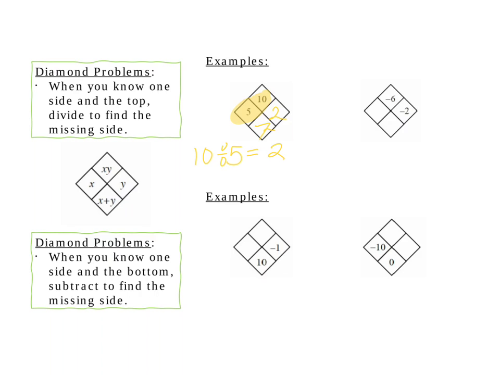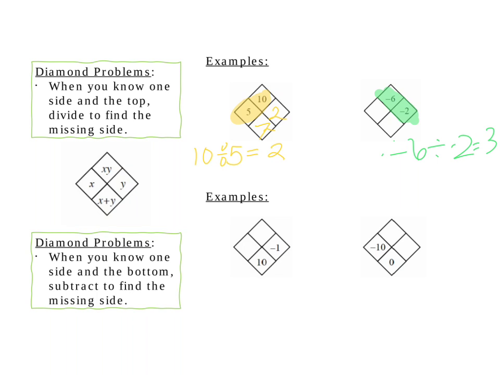Let's take a look over here. We have a negative 6 on the top and a negative 2 on the bottom. So what we're going to do is take negative 6 divided by negative 2, which is 3.